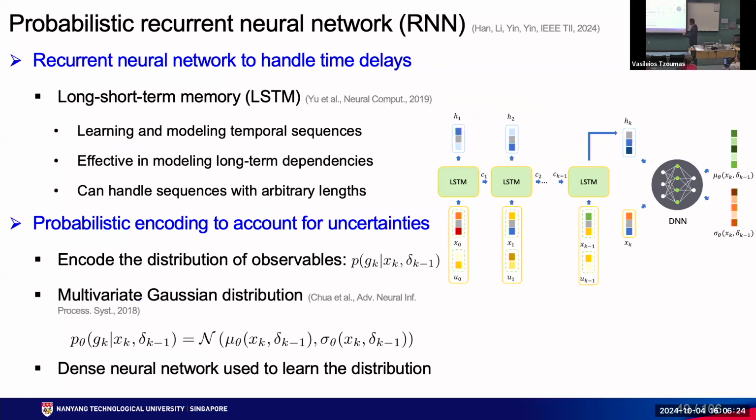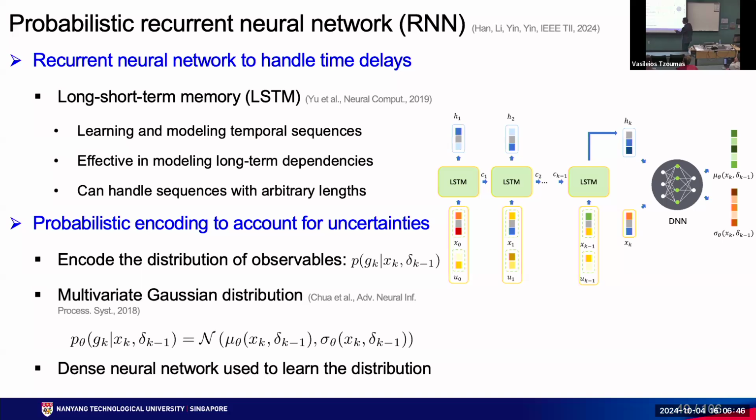We take advantage of the state and known input information within a fixed time window. The size of the window may vary, right? The main idea is to account for the time delays, the dependence on the previous system states. If there is no time delay, we can just remove these building blocks and keep this one.